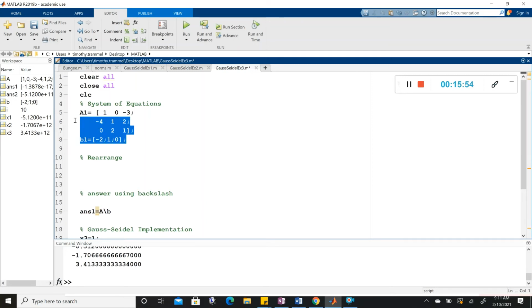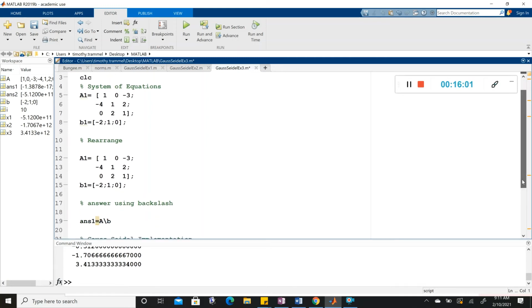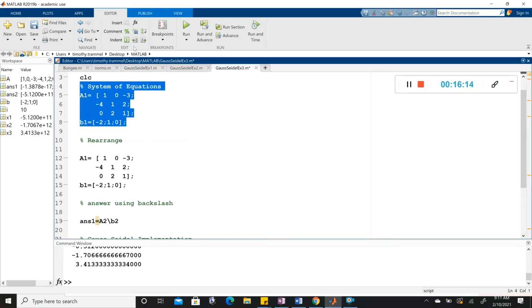So maybe I'll call it A2 and B2. So that's what we're going to be interested in. We could even comment this out. We don't need it anymore. And I'm going to rearrange this so that it is diagonally dominant, if I can.